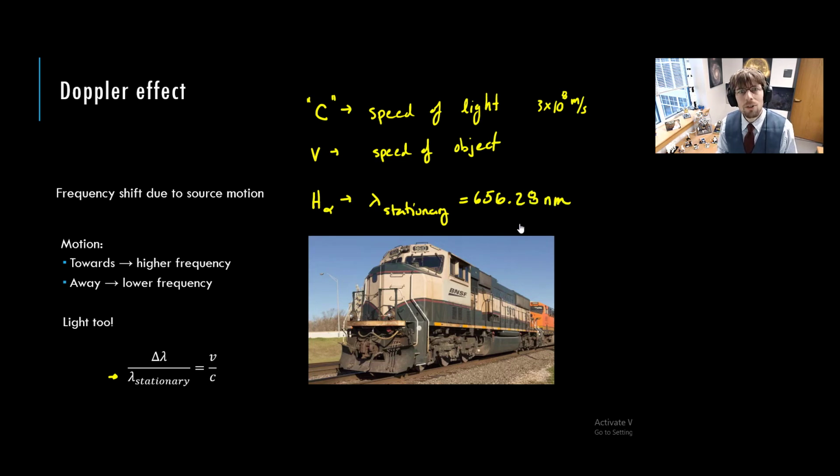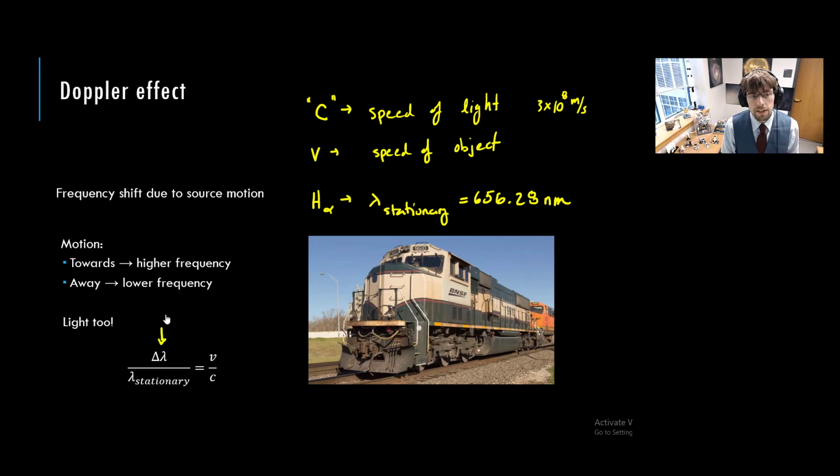This is the value that you would measure if the object were stationary and you were stationary. Sometimes this is called the lab wavelength, the wavelength that you would just measure sitting there in lab measuring the emission line.